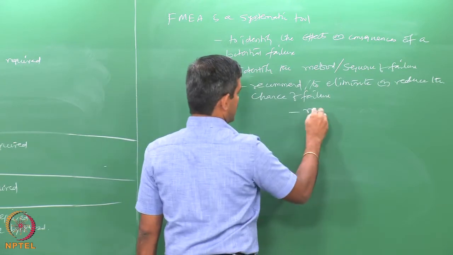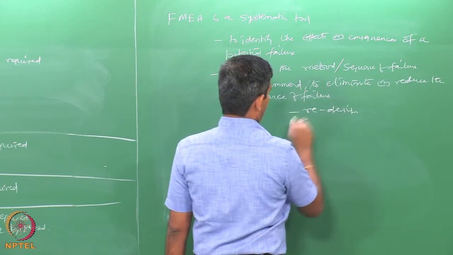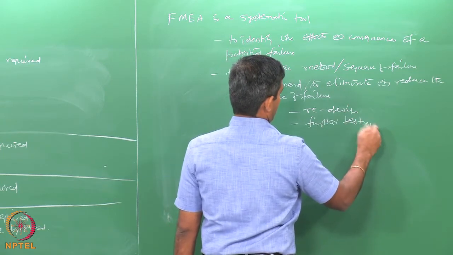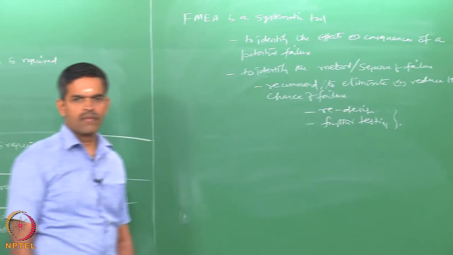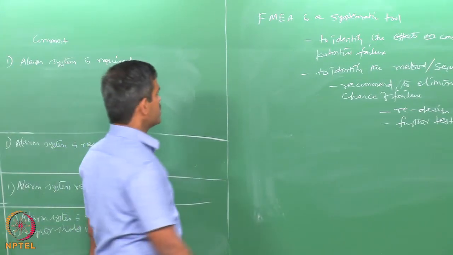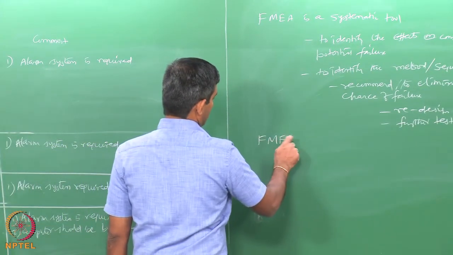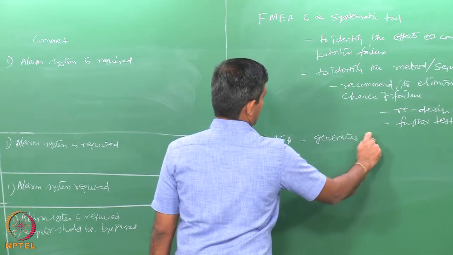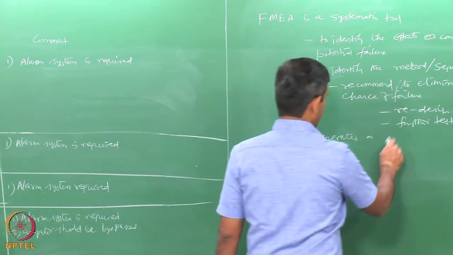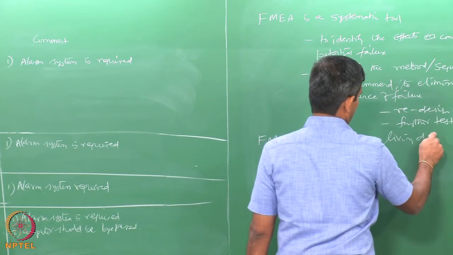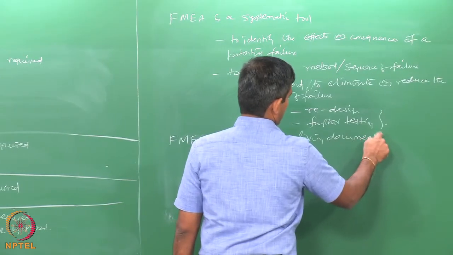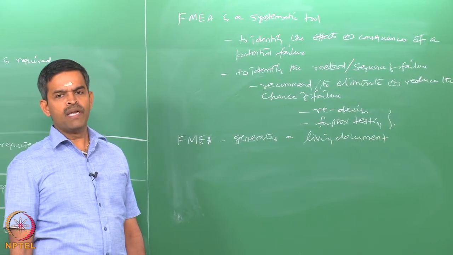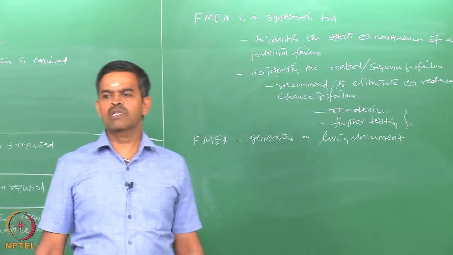It can advocate redesign, it can advocate further testing, etc. Therefore, one can say that FMEA generates a living document which is useful to anticipate a failure and then prevent it from occurrence of it.